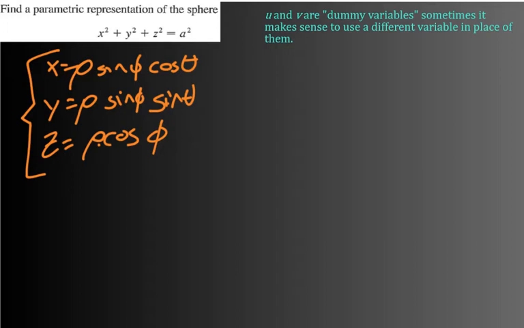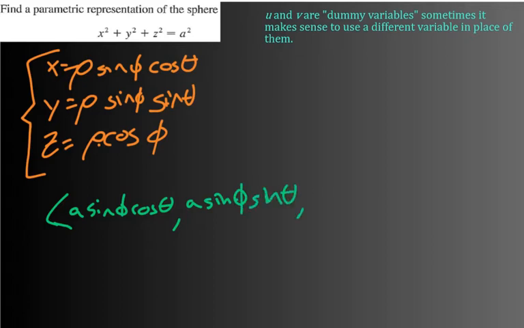If we want to turn this into a parametric surface, we basically take what we know from spherical coordinates and change out the rho to just be the radius of the sphere, which is a. So this would look like the vector a sine phi cos theta, a sine phi sine theta, and a cos phi.